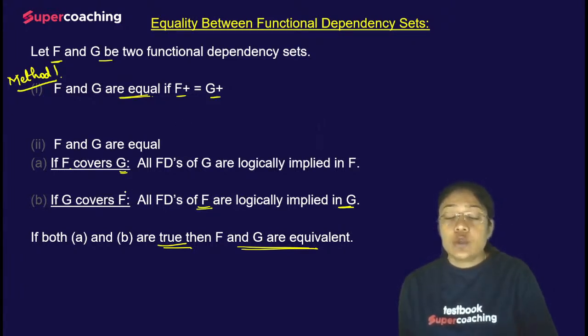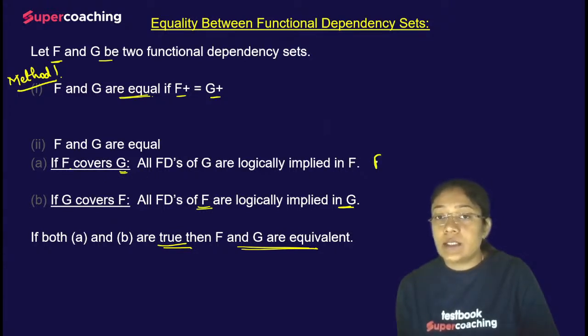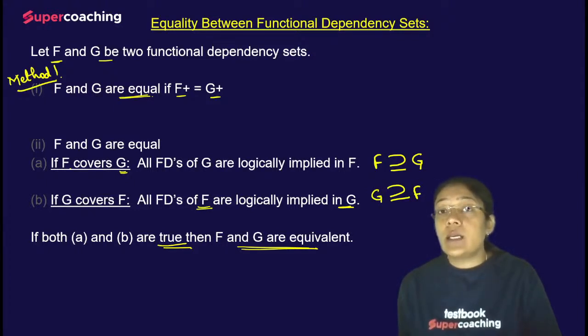Did you understand this? So basically F covers G, logically all the functional dependencies are implied in F. When will F cover G? When F is a superset, or F is greater than or equal to G. And G covers F is possible when we are saying that G is greater than or equal to F. Both the conditions are true means, when is this possible?